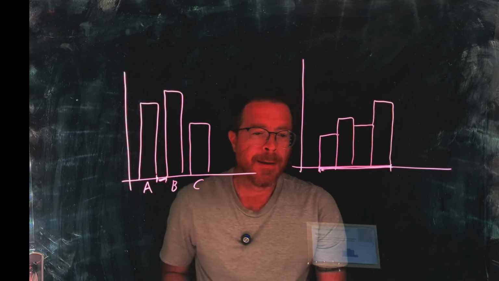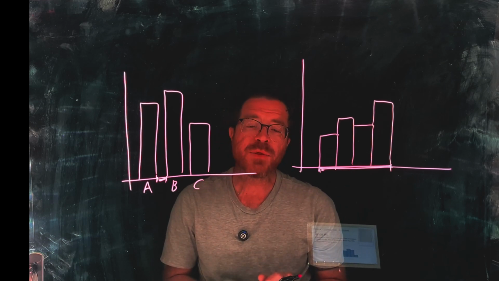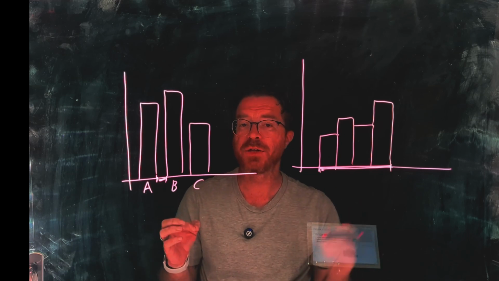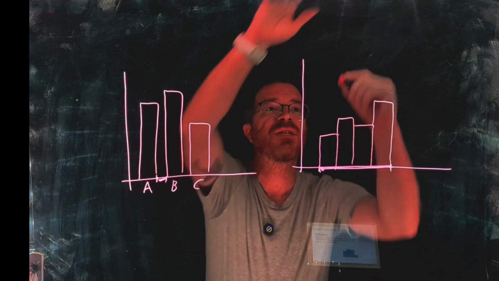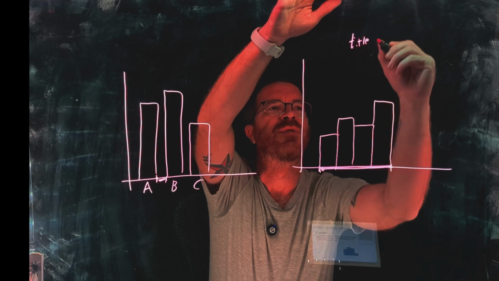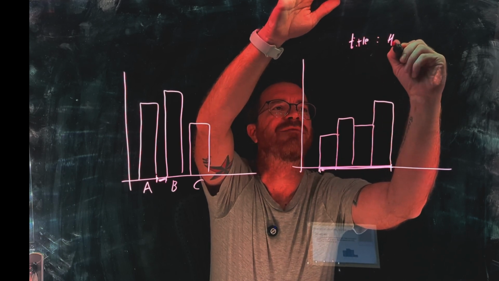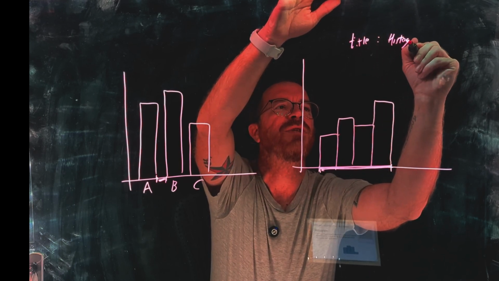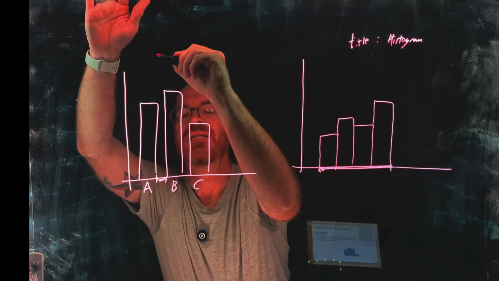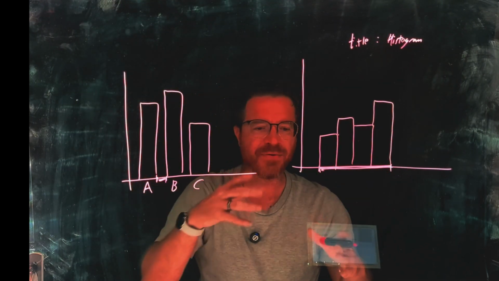So with these graphs, and this is true for any graph, you always want to make sure that it includes some specific things. Specifically, it should always have a title. So in this case, we'll just call it our histogram. But generally what you're going to want is something that is relevant to what the graph is.